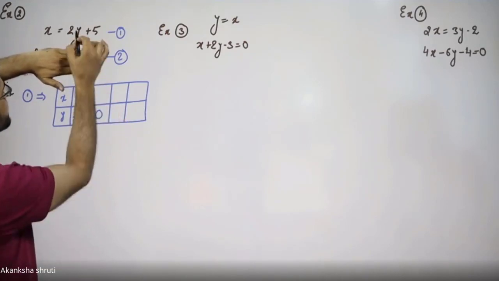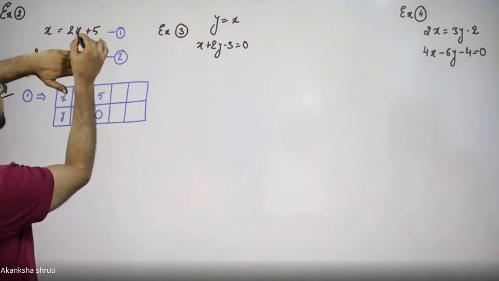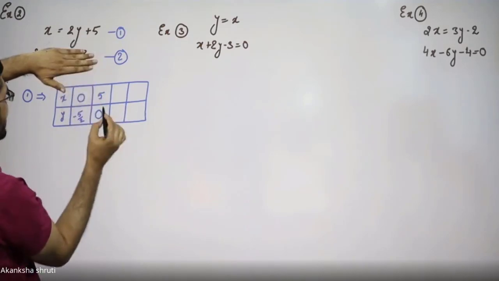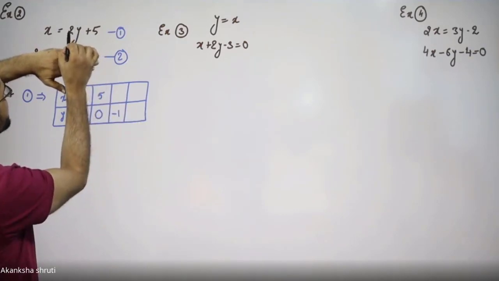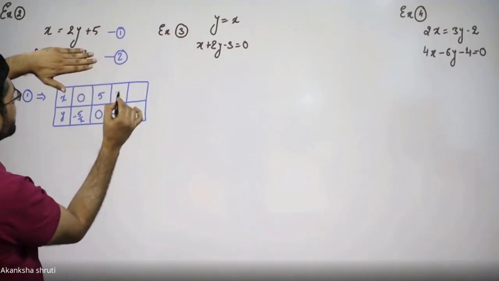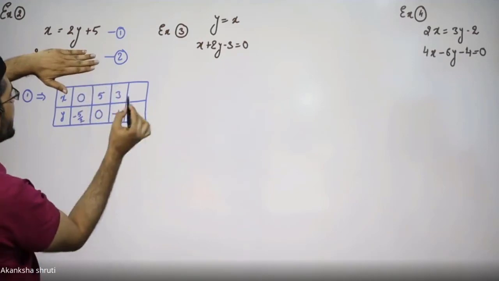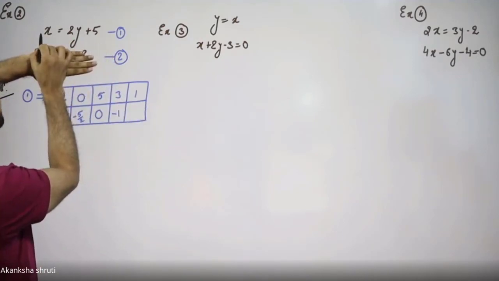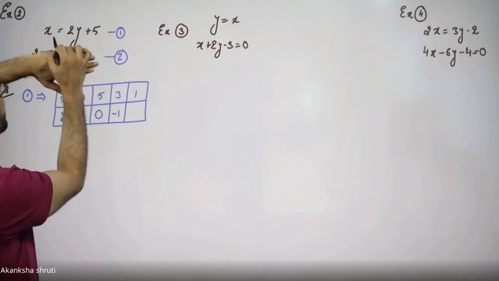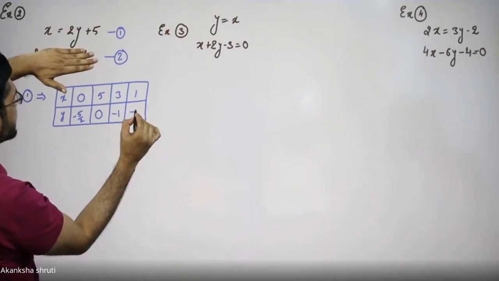When y value is 0 here, x is 5. Let us take y value as minus 1. Taking y as minus 1, it becomes 5 minus 2, it becomes 3. We may take a few more. Let us take x as 1. Then this 5 will go on the left hand side. 1 minus 5 is minus 4, divided by 2, it becomes minus 2.